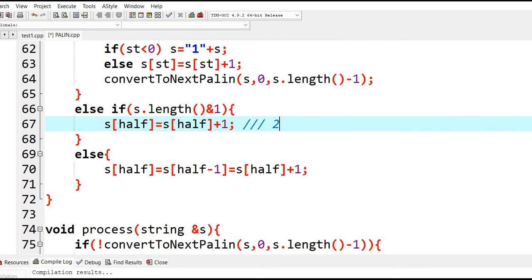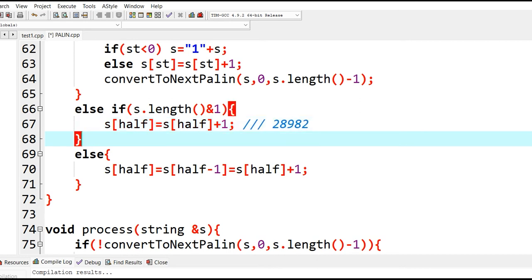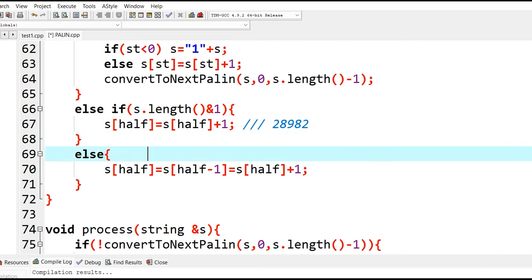For example, we had 2882. Converting into next palindrome would simply be 2892. And the third case is when we have even length. So 2882, the next palindrome would be 2992.